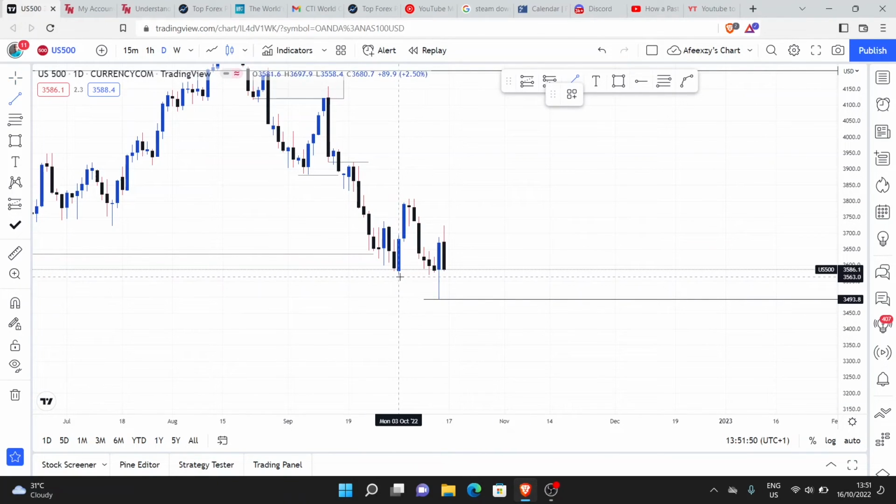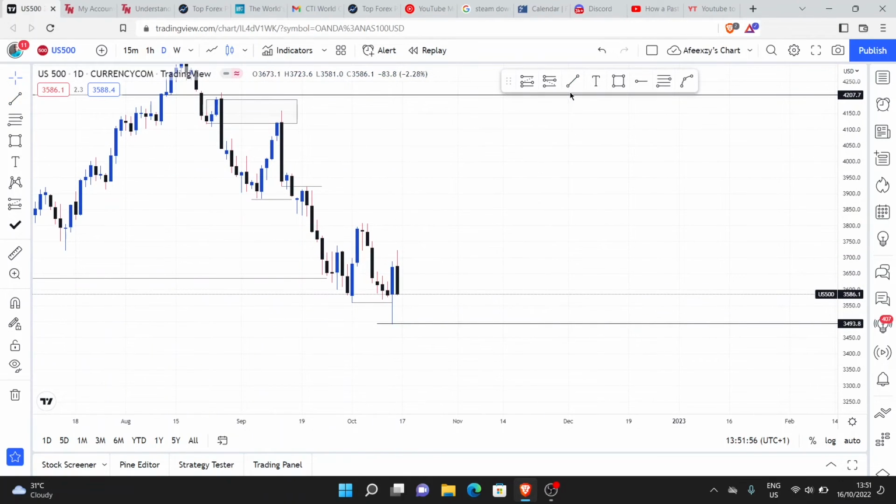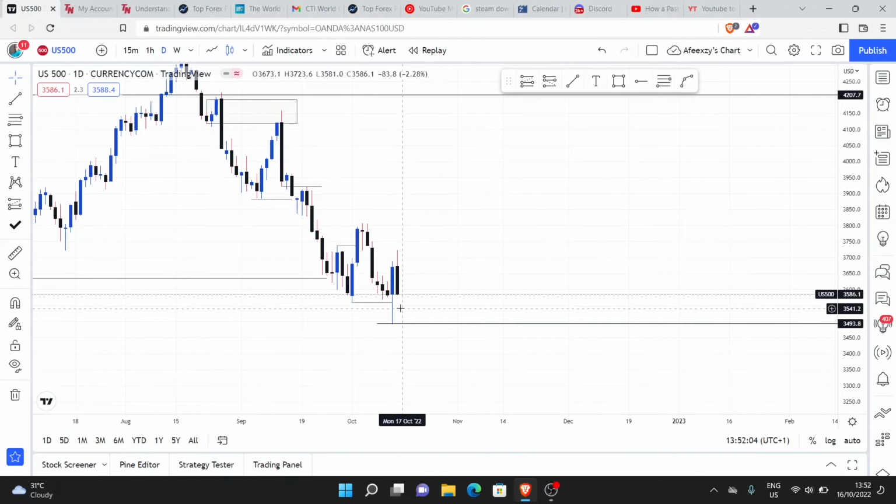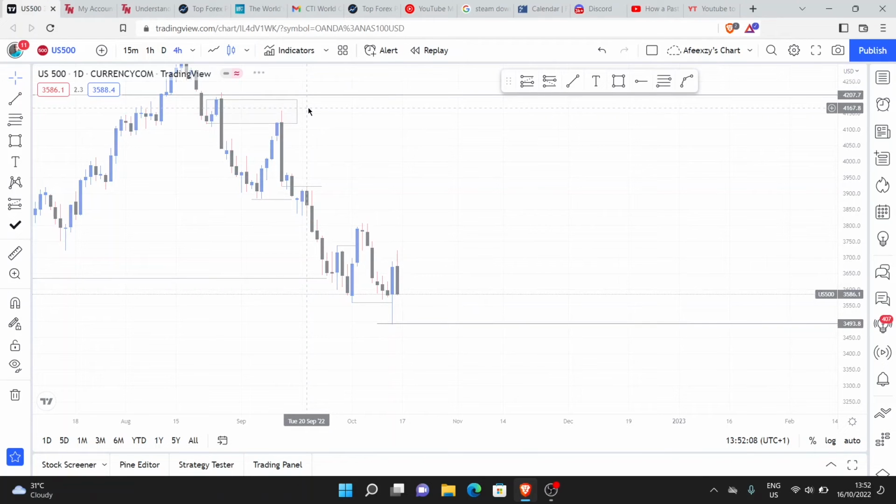There's some kind of push that cleared. That looks like some kind of liquidity grab here. Then it means some kind of break of structure, which is some kind of fake structure break. Now it cleared this low, and I'm anticipating more lows on S&P 500.